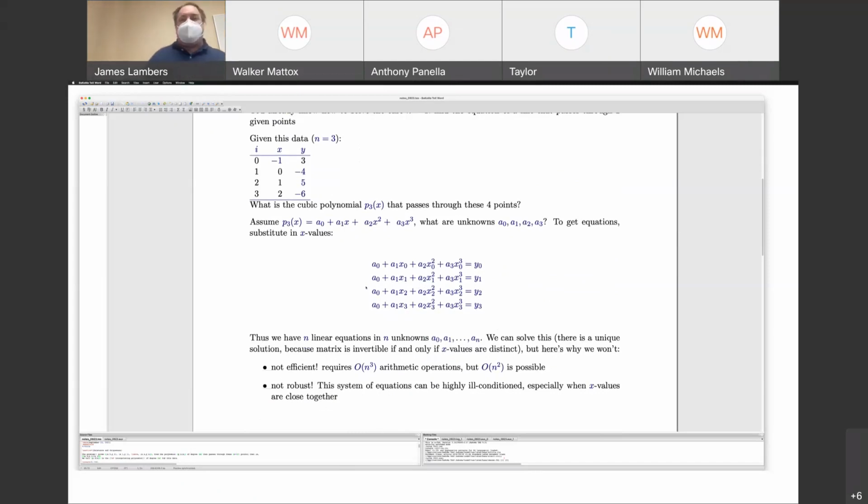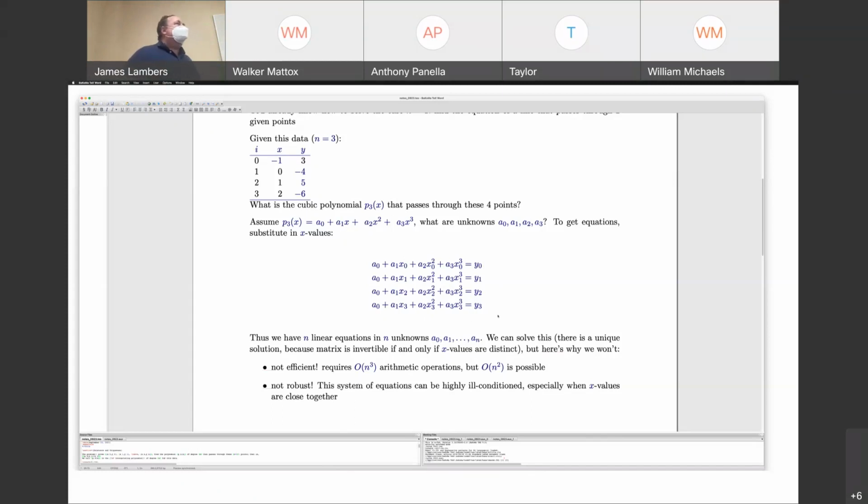Therefore, this system of equations does have a unique solution. But this is actually not a good approach. For one thing, solving a system of n equations and n unknowns, in general, takes on the order of n cubed arithmetic operations. And we can do better than that.